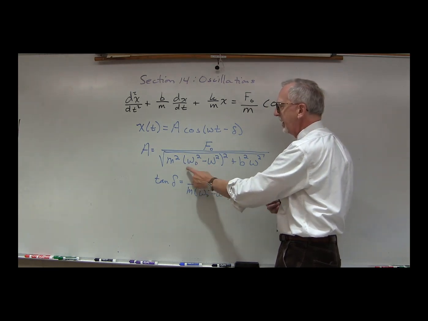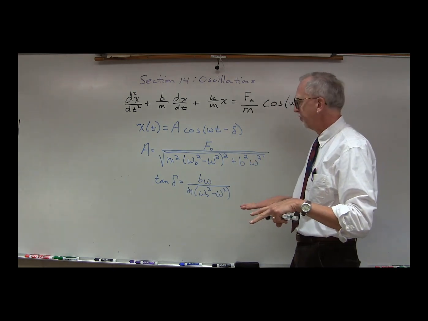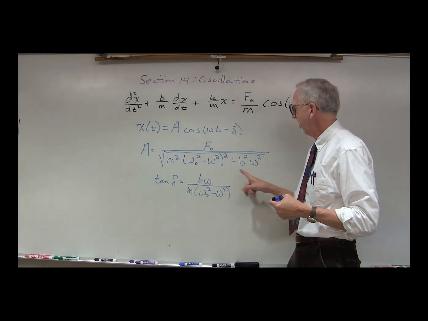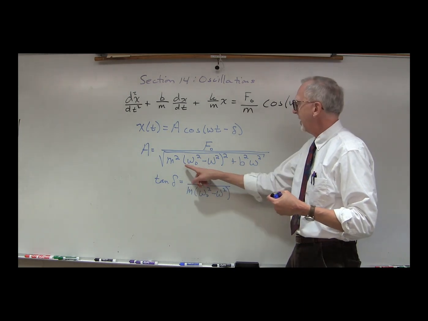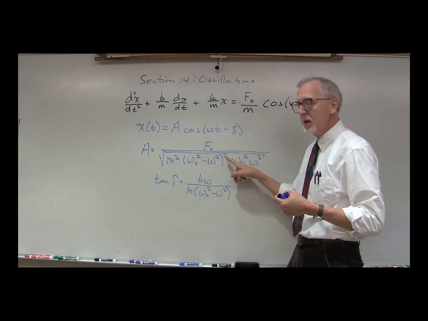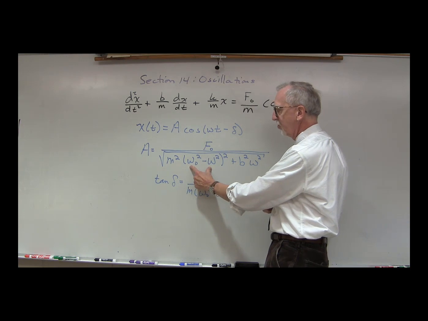If ω gets close to ω₀. Imagine ω starts out very, very small, and we are increasing ω. When this is small, we'll basically have something that looks like m²ω₀⁴. But as ω increases, this term will get smaller.